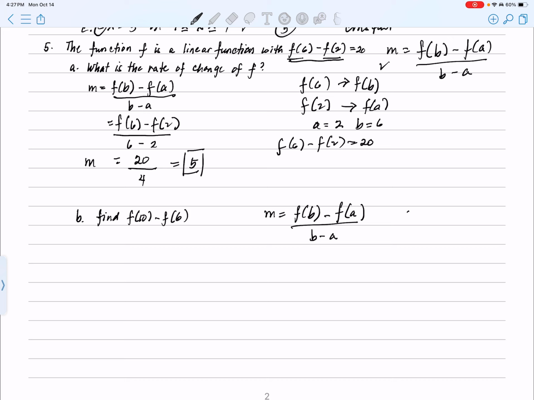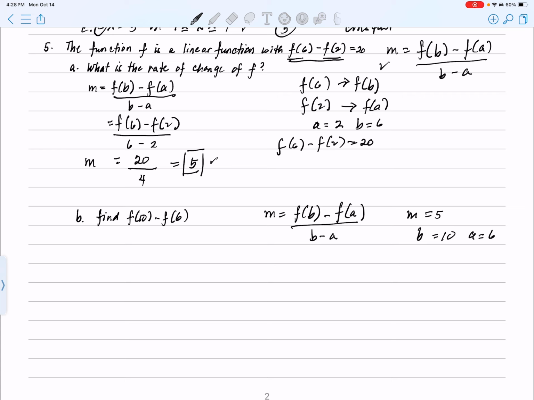Our slope here is 5, which is given already. We are using the same slope here. b would be 10, a would be 6, sorry, because it's f of 10 and f of 6. So a is 6.